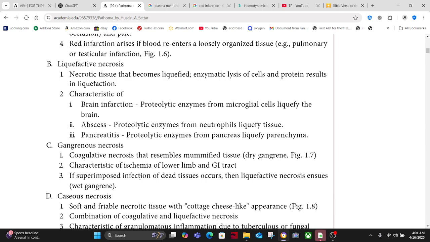Abscess. So an abscess can get liquefactive necrosis because the neutrophils have hydrolytic enzymes, and these hydrolytic enzymes destroy tissue.